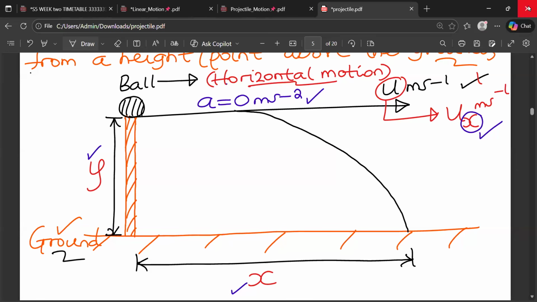You just think about it. You are giving this body the horizontal push, but later on, gravity eventually wins and puts the body down. But I'm talking of initially, what is the vertical velocity?